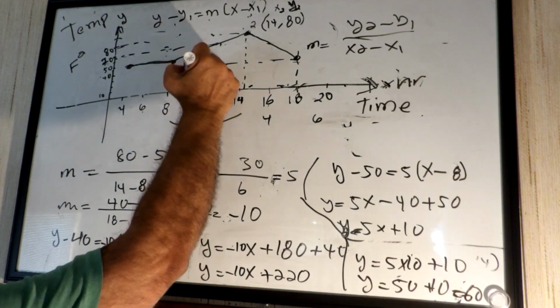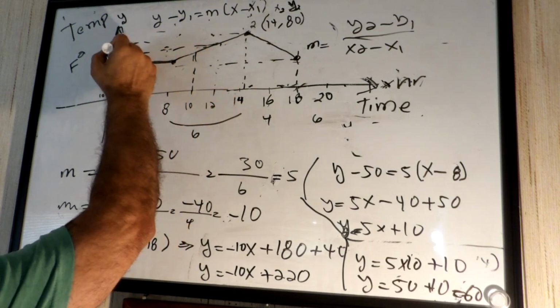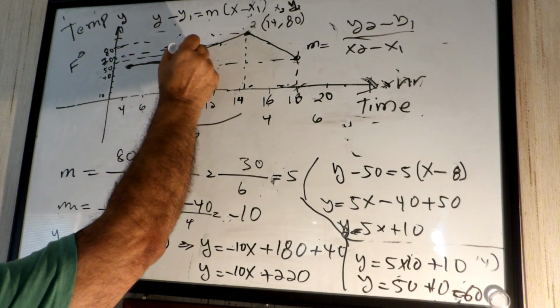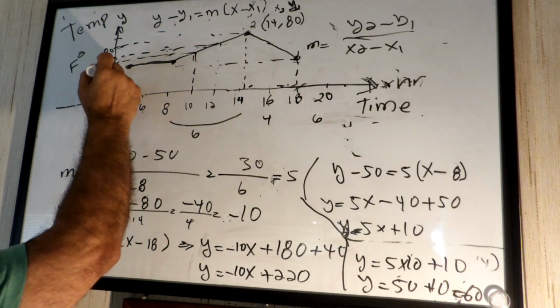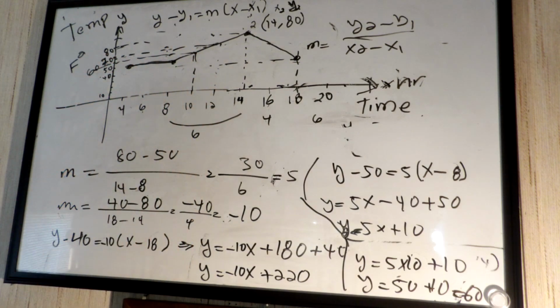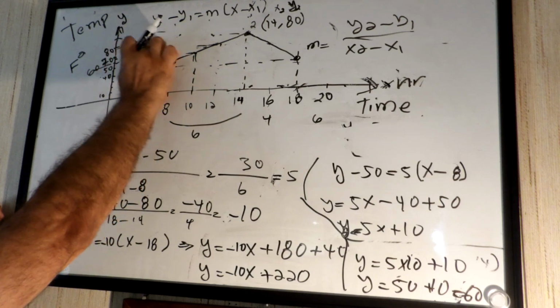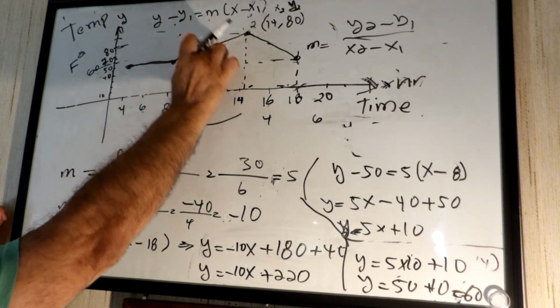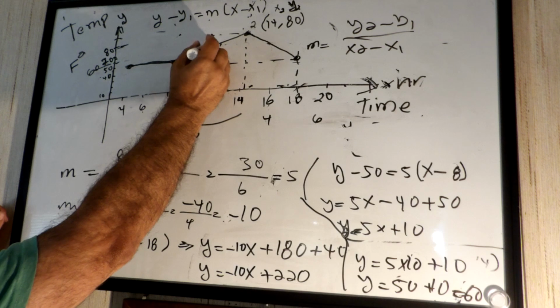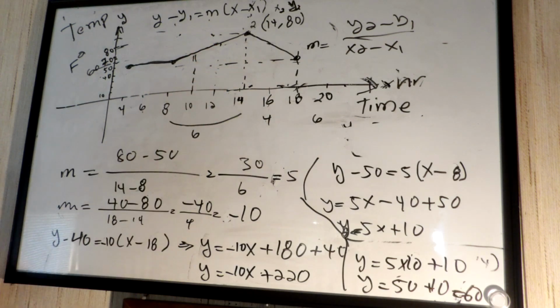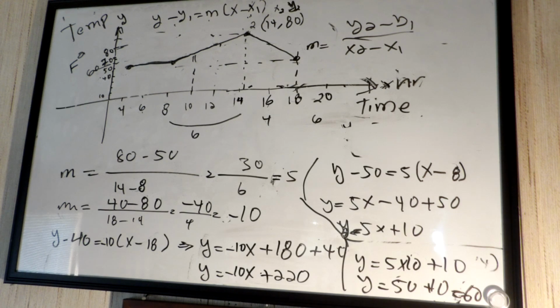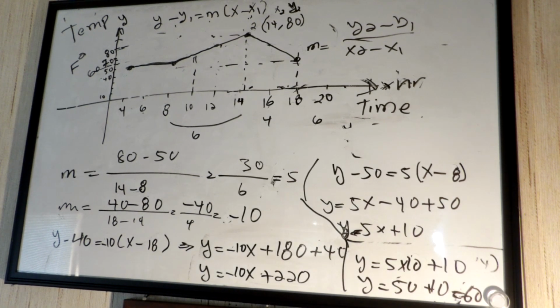So if it's 10 here, this is going to be 60. Okay? This is 60. So these are the things you can find from this graph.